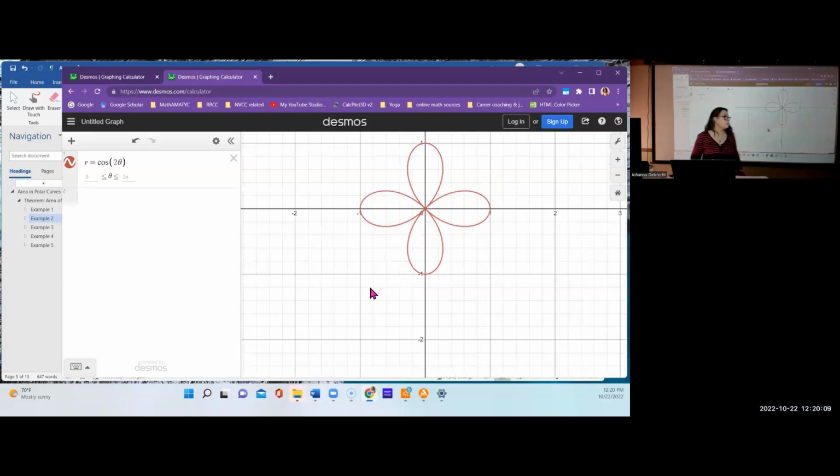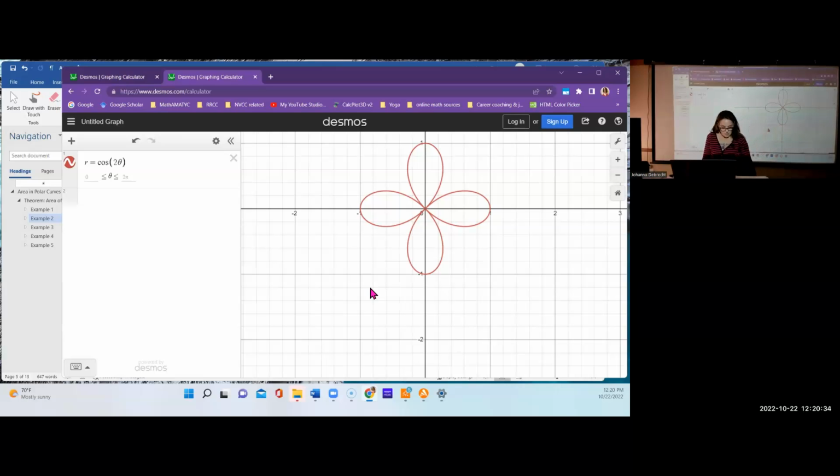The length of each petal is 1. It takes from 0 to 2 pi to graph the whole thing. So we want to make sure that beta minus alpha is less than 2 pi. We can't go around more than one time. We only want the area once. So we want to know if we can get from here around to here. We just want that part of it.